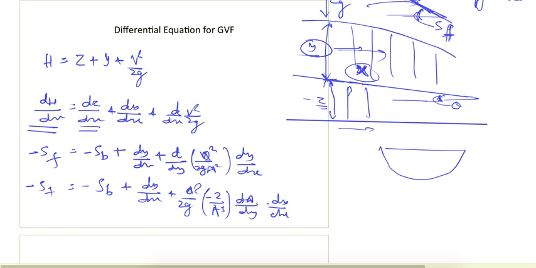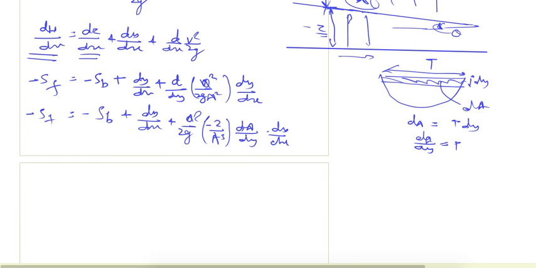As we saw earlier also, if I take a small strip in this channel, this is the top width T, and for that small depth dy, this is the area dA, so dA is equal to T into dy, so dA by dy is equal to T. So if we put this value here, we'll get minus Sf equal to minus Sb plus dy by dx, and here we'll get minus Q square T upon g A cube dy by dx.